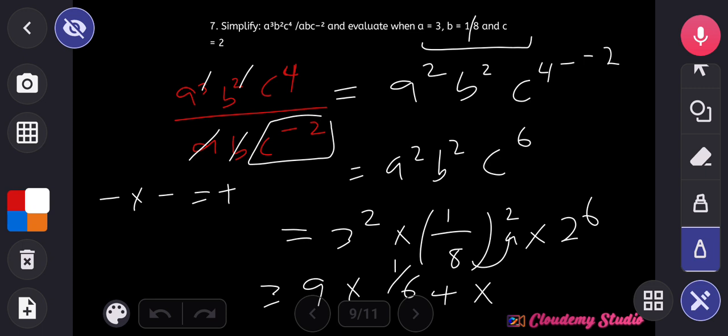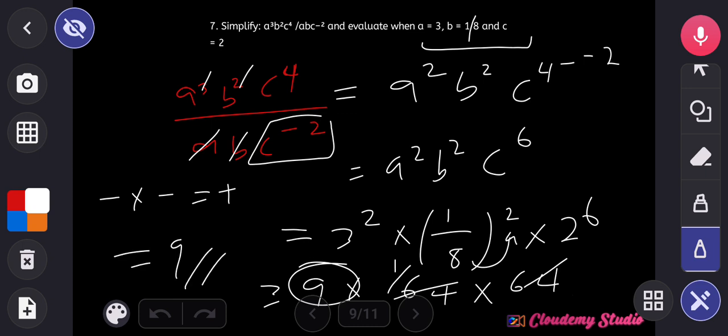What's 2 raised to power 6? That is 128. I'm sorry. 2 raised to power 6 equals to 64. We can just say 64 cancel 64. We are left with what? We are left with 9. Therefore, our answer for this particular question equals to 9. So 9 is our answer.